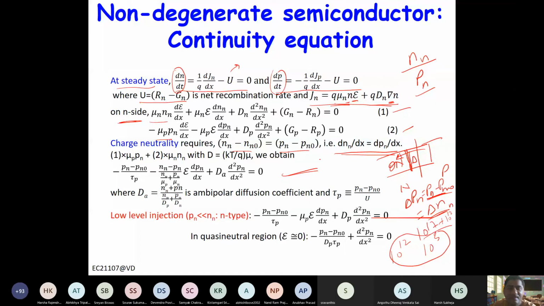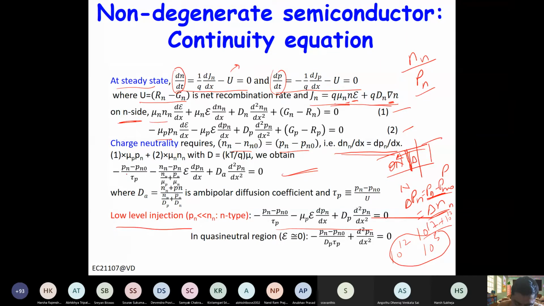It looks complicated, but we will use certain special cases, for example low level injection. This complicated equation will reduce to a simpler equation. A similar equation you can write for the p side also.